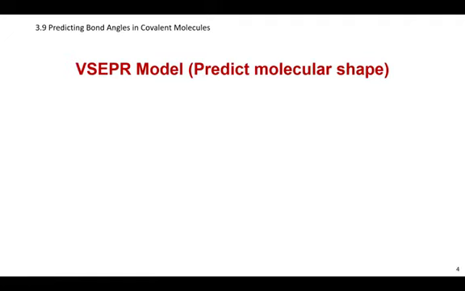Now, covalent molecules, covalent compounds have shape. Molecules, for example water, have a shape. So how do you get the shape of a covalent compound is the idea that we're going to go over. We use a model called valence shell electron pair repulsion theory.